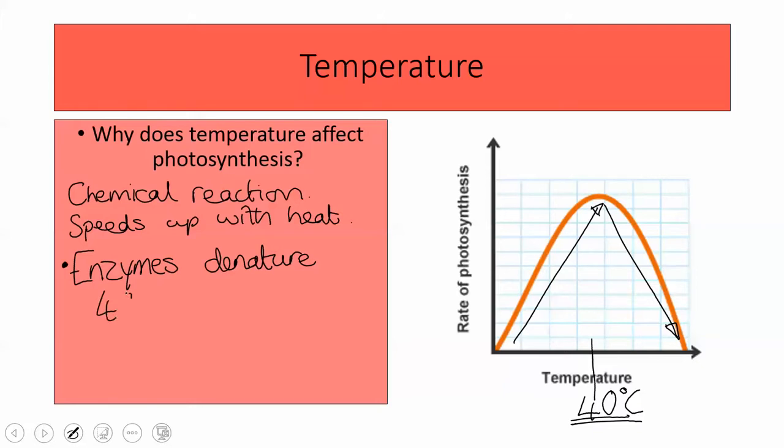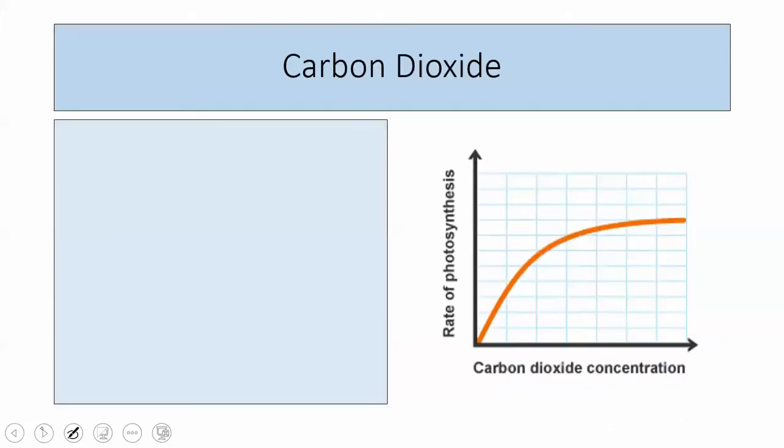And that happens at around 40 degrees Celsius. Some plants are higher. It can go as high as 50. But as far as we're concerned, that golden number for now is 40 degrees Celsius. So, the warmer we get, the faster the reaction, until we hit that critical point of around 40 degrees Celsius, and then we drop back down.